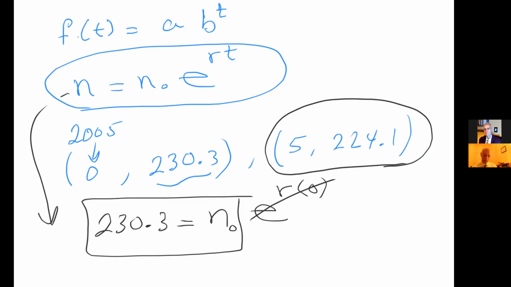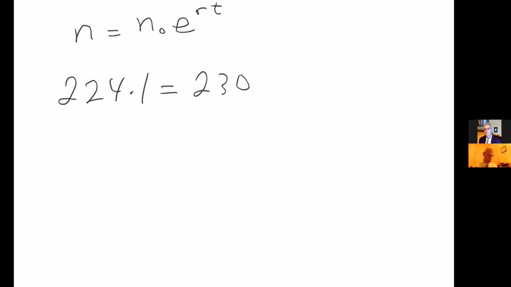So using that, now I'm going to go to the next page and use the information in here. Using N equals N initial e to the power of rt, my N for the second part was 224.1 equals N initial, which is 230.3, e to the power of r times 5, or 5r.